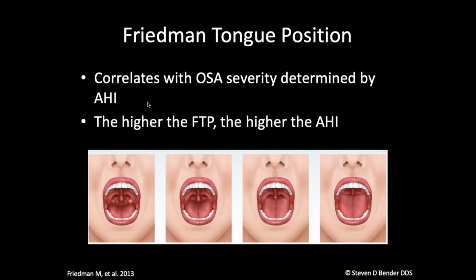For this modified technique, you just have the patient open and you look back there to assess the vertical dimension of the airway. It's been found to correlate very significantly with obstructive sleep apnea, according to the measure, the apnea-hypopnea index. So the higher the score, in other words, it's usually 0, 1, 2, 3, 4, the higher the AHI has been found to be.